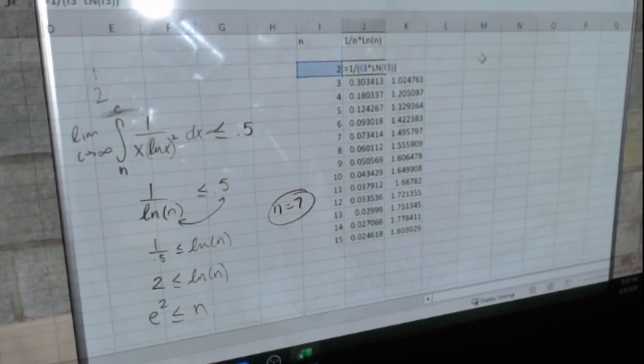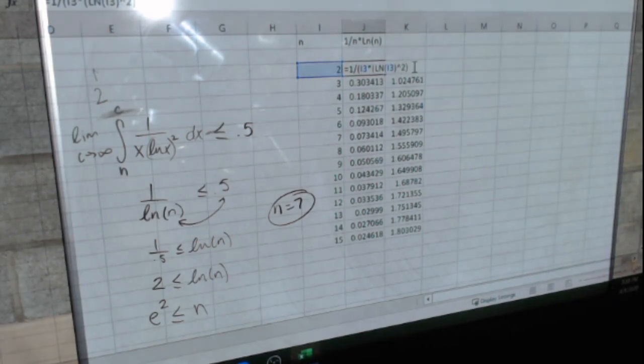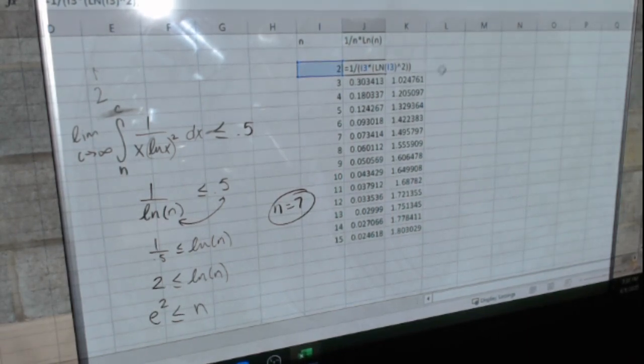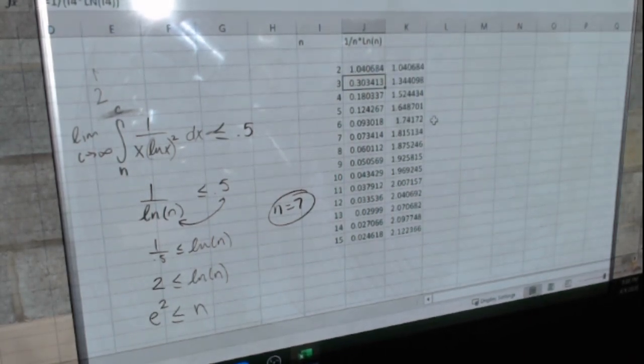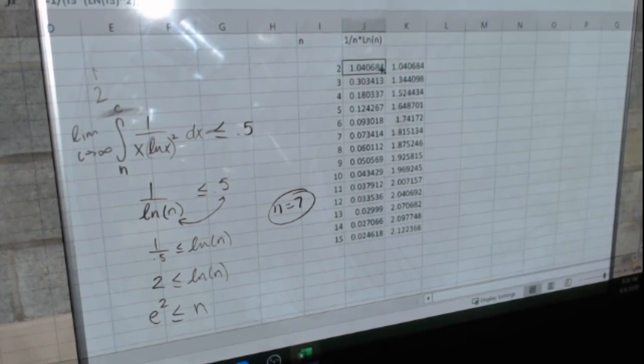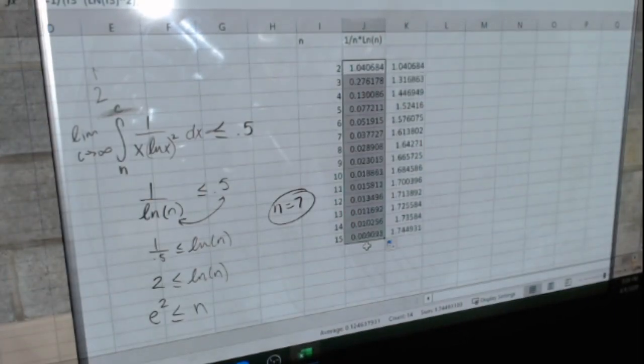So yeah, log of this guy squared. There we go. Run this again. Okay.